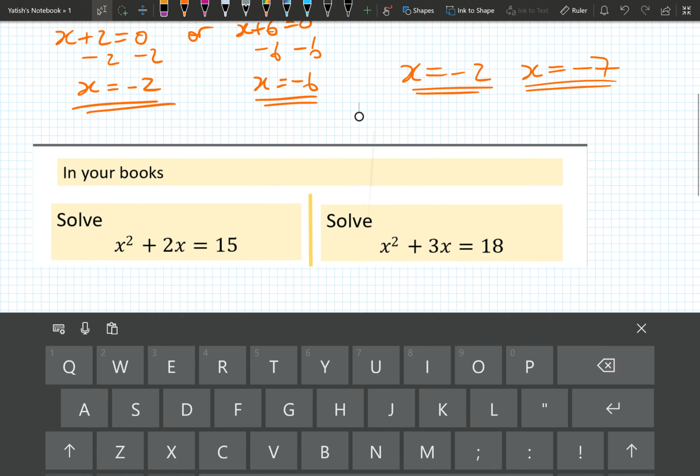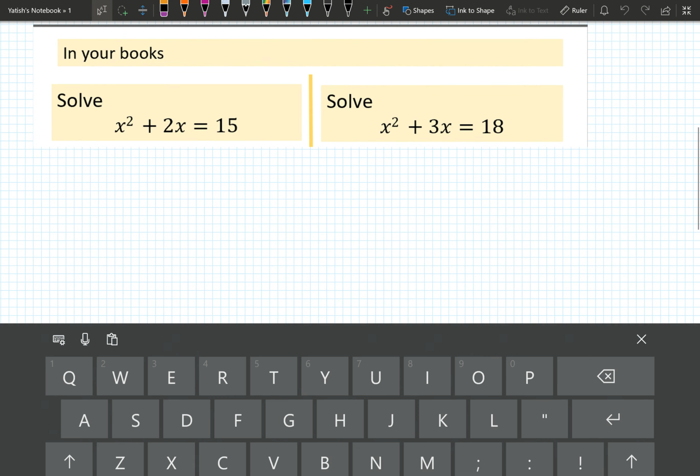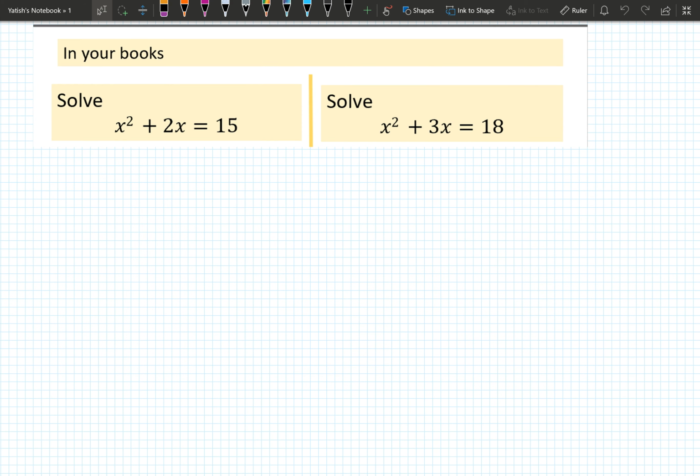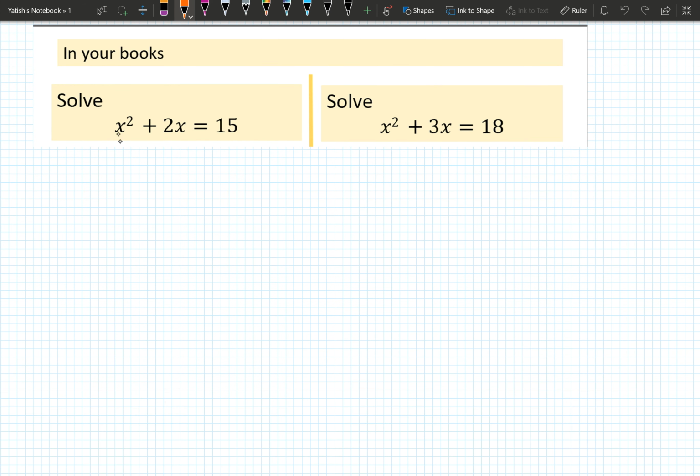Okay, next example here, we're going to look at x squared plus 2x equals 15 and x squared plus 3x equals 10. So in this case, we're going to again take away 15 from both sides to make it 0 on one side. So x squared plus 2x minus 15 equals 0.